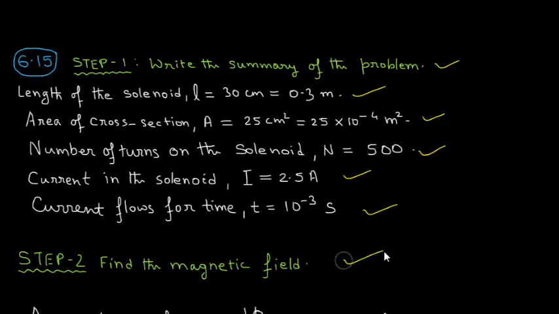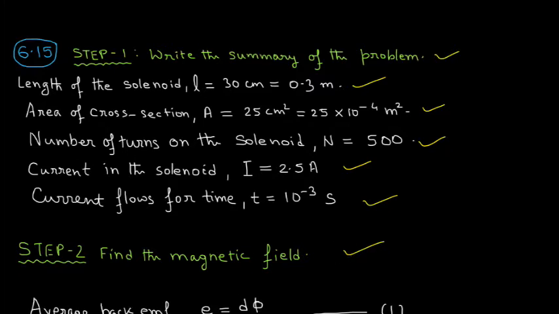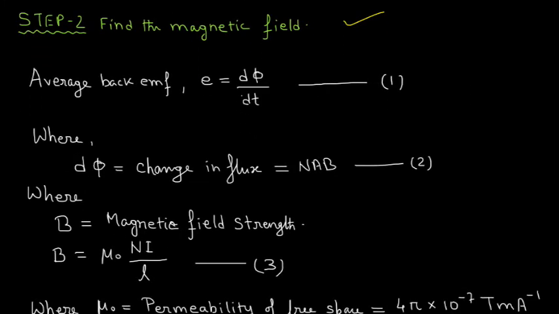Step 2, find the magnetic field. We know that the average back EMF is E is equal to d phi by dt, which is equation number 1, where d phi is the change in magnetic flux, that is NAB.